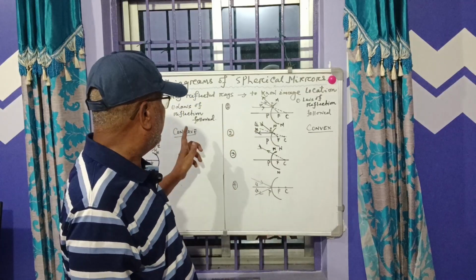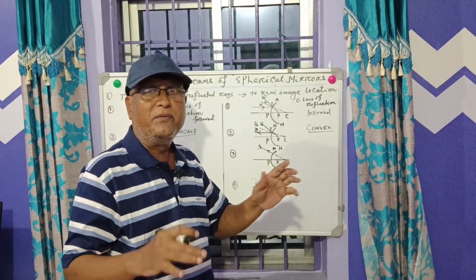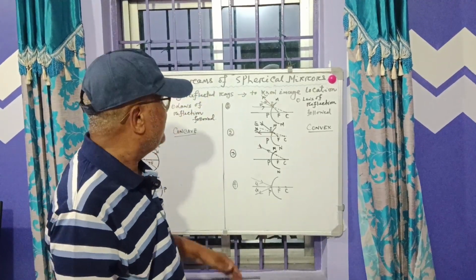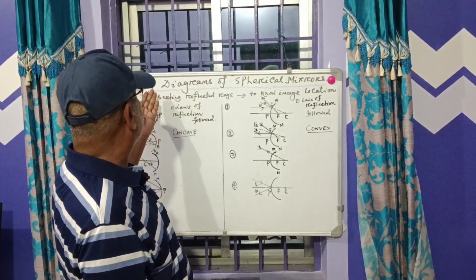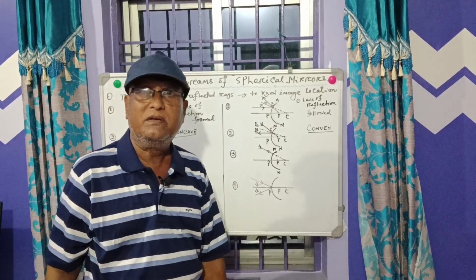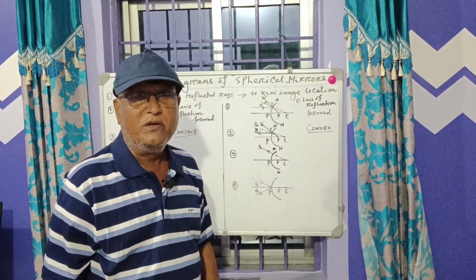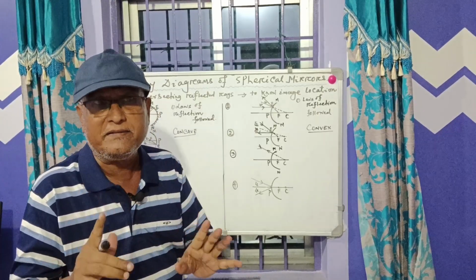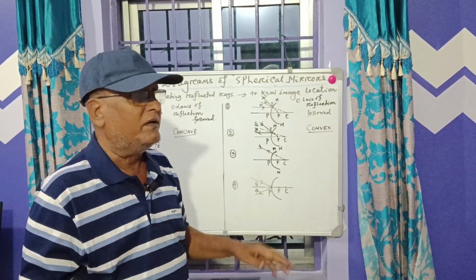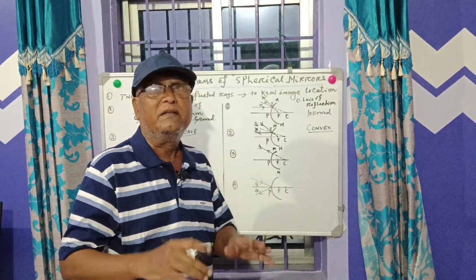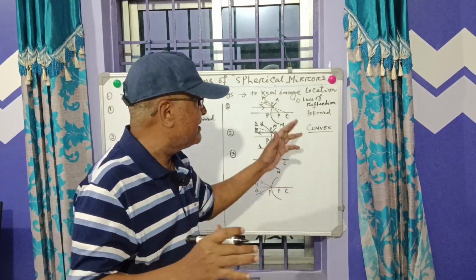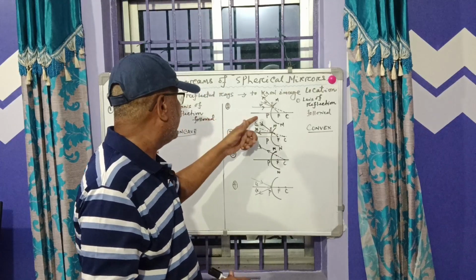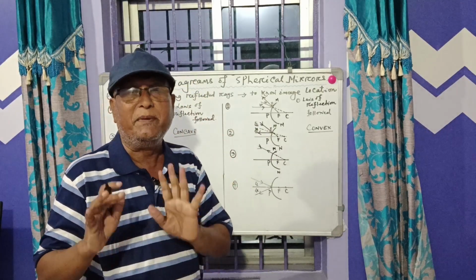You know, both the mirrors follow the laws of reflection. Then, what is the necessity of ray diagrams? Because two intersecting reflected rays are required to locate the image formed by the spherical mirrors.